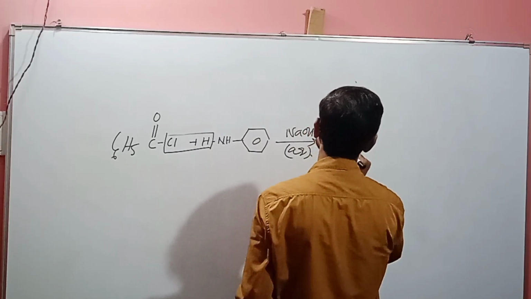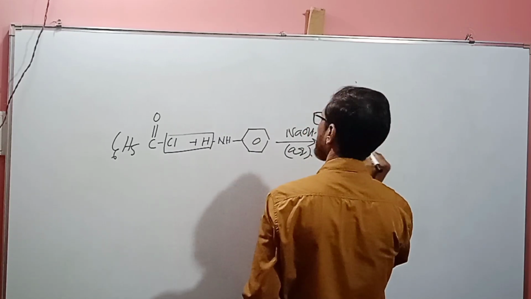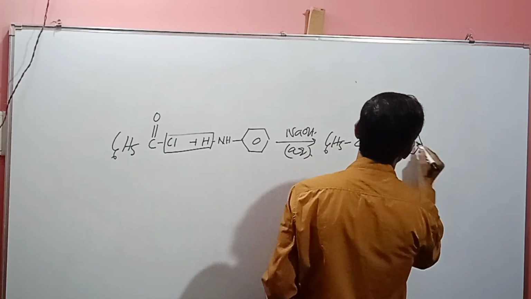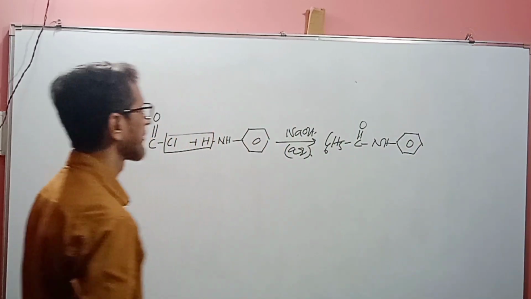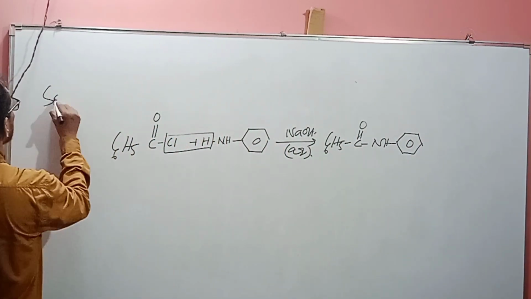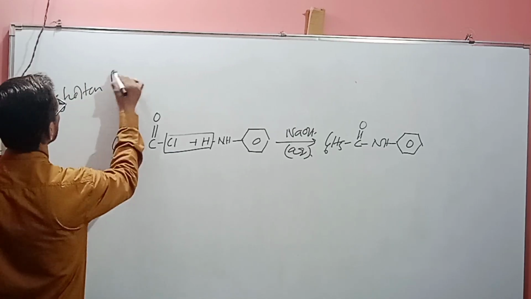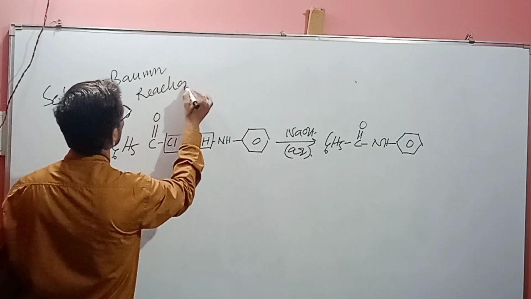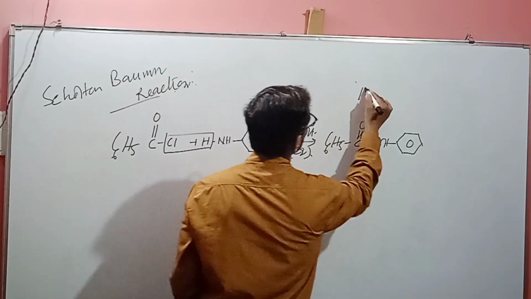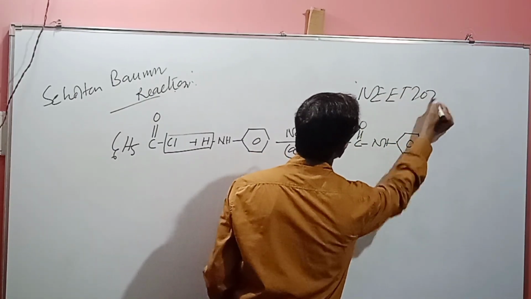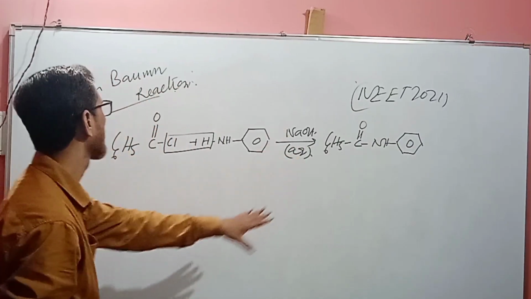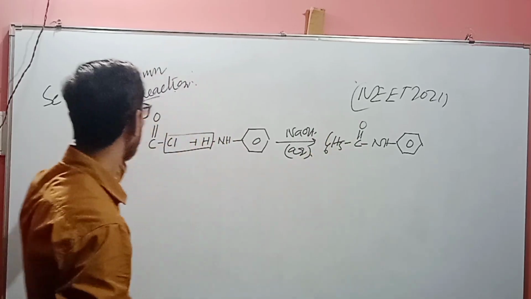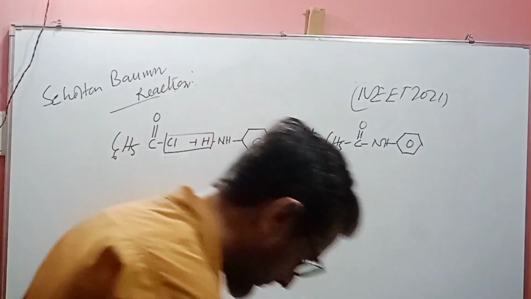You will get this, the Schotten-Baumann reaction, probably NEET 2021. The name of the reaction was not given. The reactants with these reagents are given. You are asked to name the reaction, what type of reaction it is.